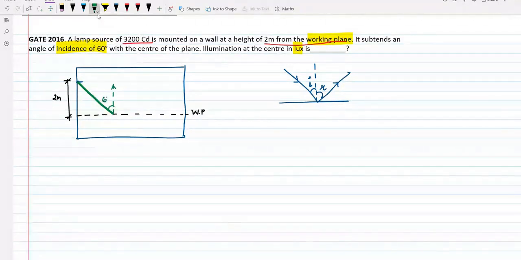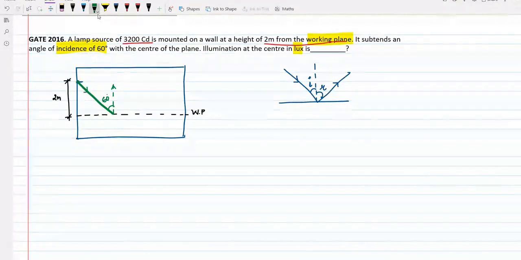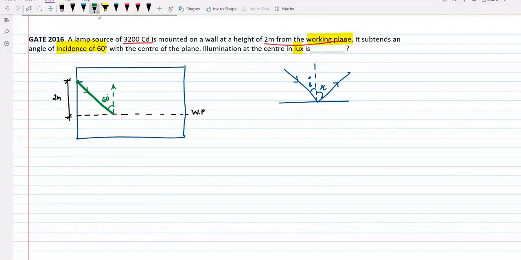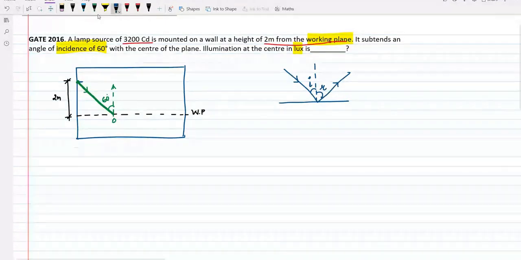This is 60 degrees. This is the lamp source. So with the center of the plane, illumination at the center. They have asked that the illumination at this point, let this be maybe O, illumination at point O is how much? So now with the concepts we'll start. This is 3200 candela.